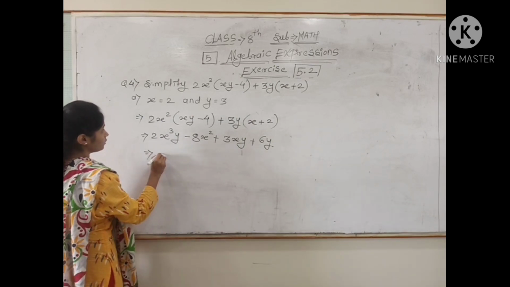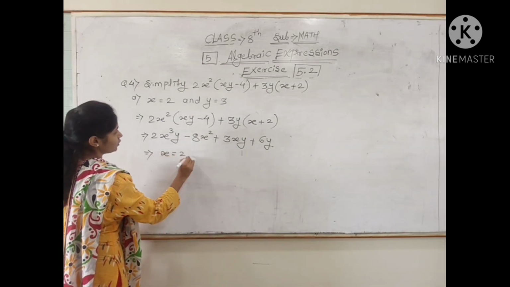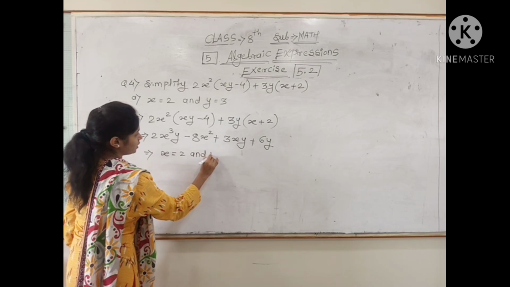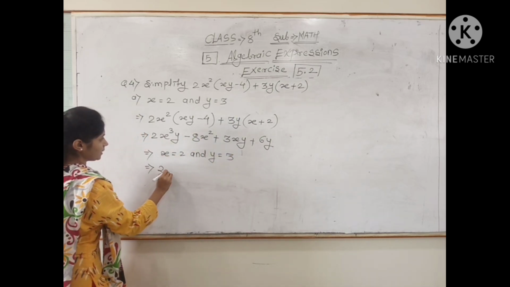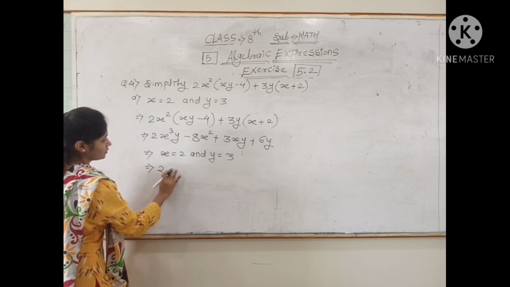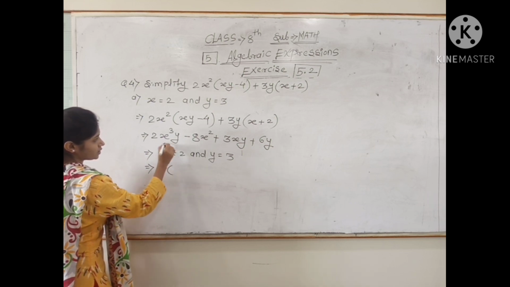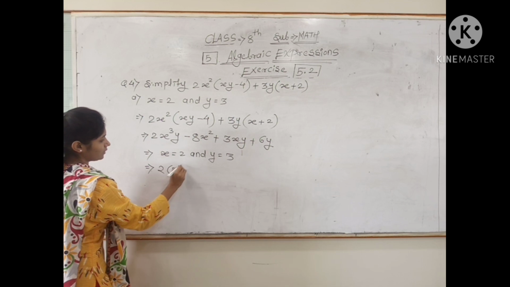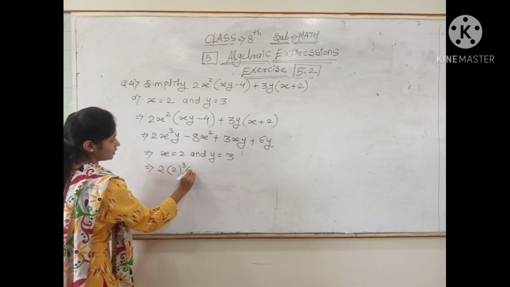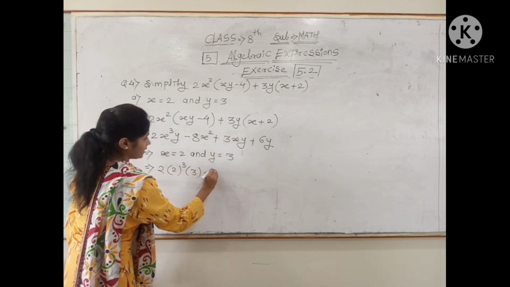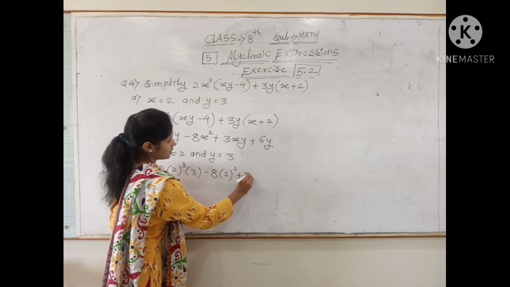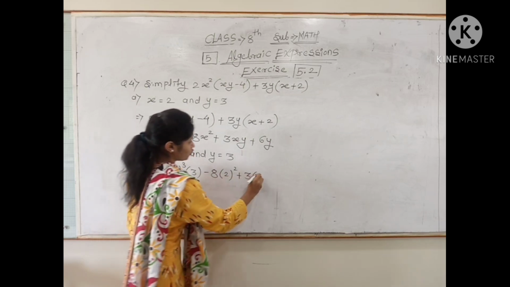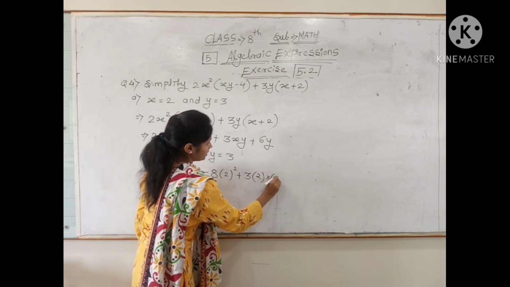Now we have to put the values. What is that? x is equal to 2 and y is equal to 3. Then put 2 multiplied by x raised to the power 3, which means 2 raised to the power 3, and y is 3. Minus 8x square means 8 times 2 square, plus 3 times the value of x, 2, multiplied by 3.